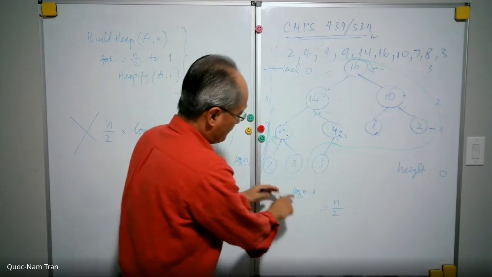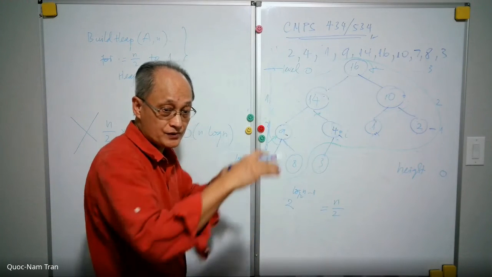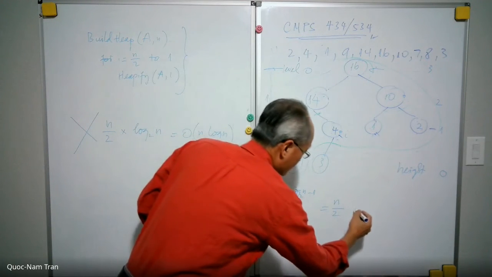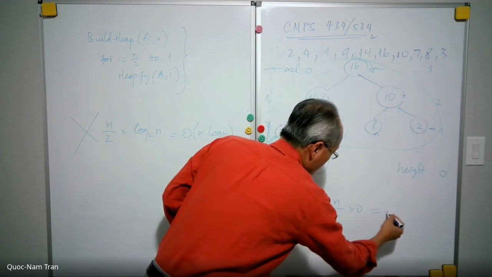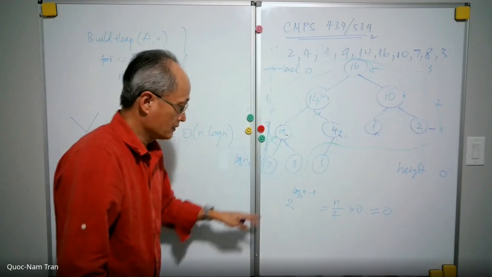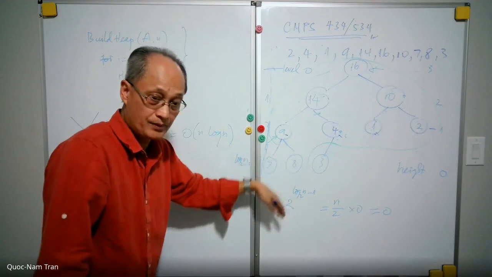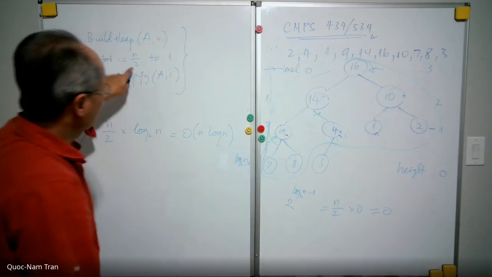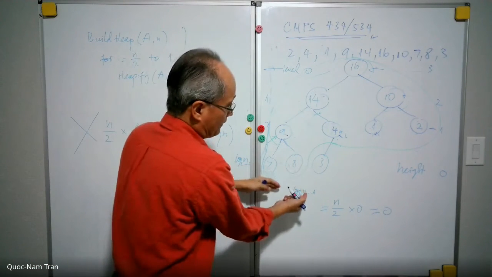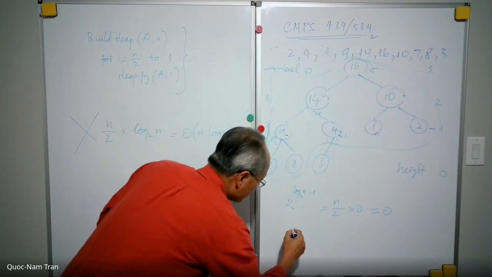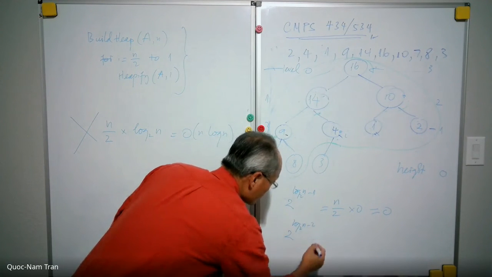Now, all of the nodes on this level will have 0 steps for the heapify, right? So all of the nodes here will take no step for building the heap, because no heapify will be performed. Remember that we go from n over 2, right? Now, the level before that, we have 2 to the power of log 2 of n minus 2, right?